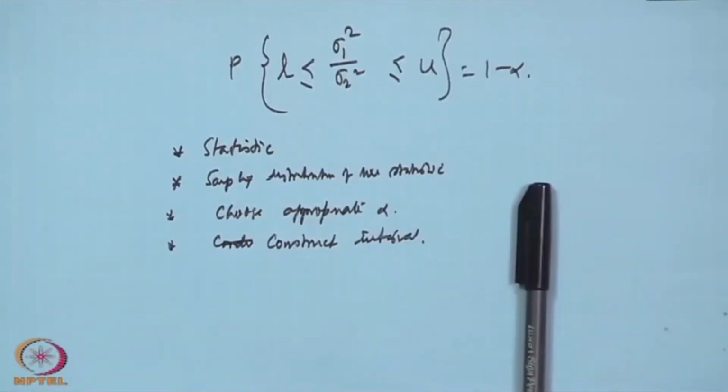If it is the mean, your statistic is the mean minus the expected value of the mean, divided by its standard deviation, and it will be Z or T. If it is variance, you are using n minus 1 S square by sigma square, which follows chi-square distribution. If it is mean difference, again you find x1 bar minus x2 bar minus its expected value, divided by its standard deviation, which also follows Z or T distribution depending on the conditions.